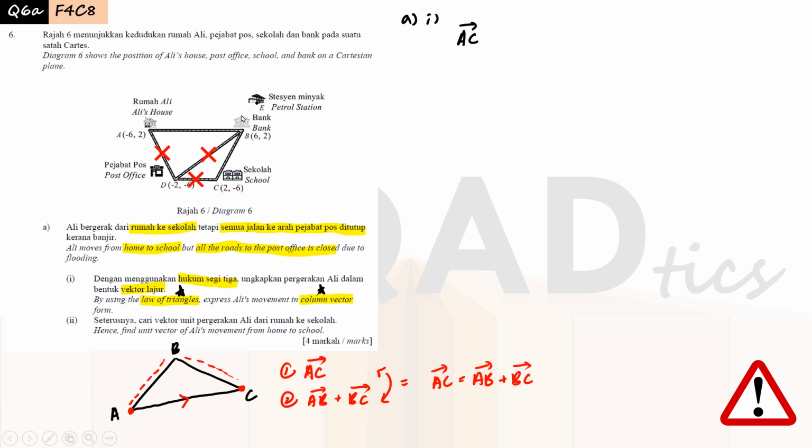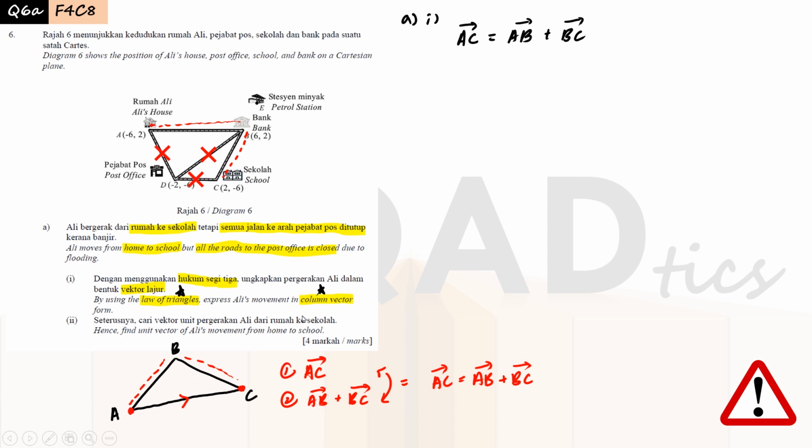So we can only pass through B. So we can use another way to find the vector: A going to B, B going to C. So our vector here would be AB plus BC. But here we have an issue because we are finding vectors, but the diagram only gives us coordinates. So how do we change coordinates to vectors?